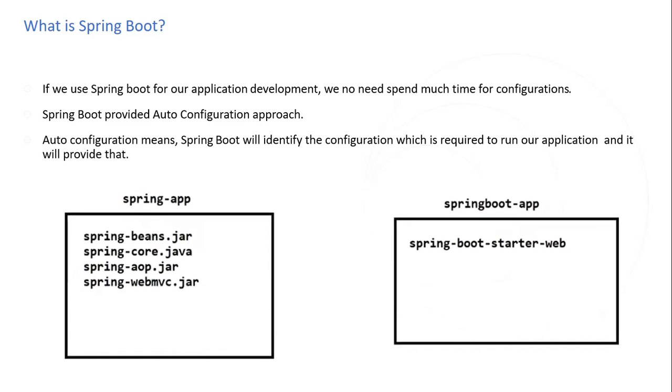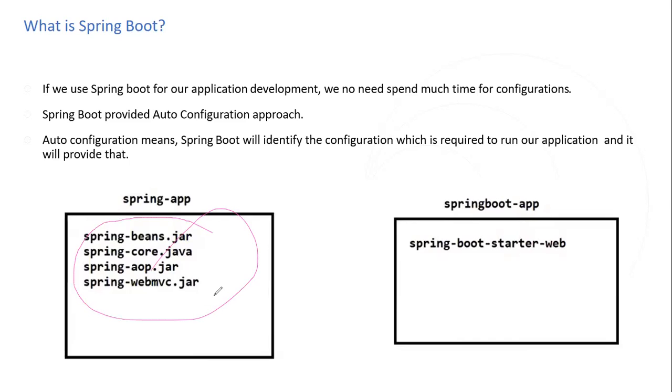Watch here. Suppose we want to develop an MVC web application using the Spring Framework. We first need to configure a lot of jars. Apart from configuring these jars, we need to configure the dispatcher servlet.